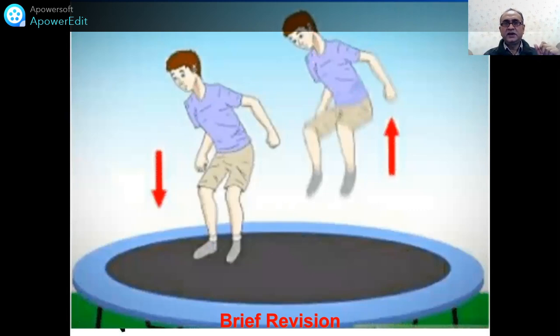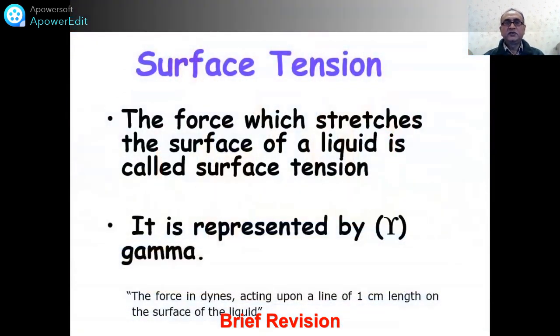The weight of the boy is balanced here by the stretchiness of this surface. So the same is true in the case of liquids. The liquid molecules are tensed. The liquid molecules experience unbalanced forces. They are being pulled inside.